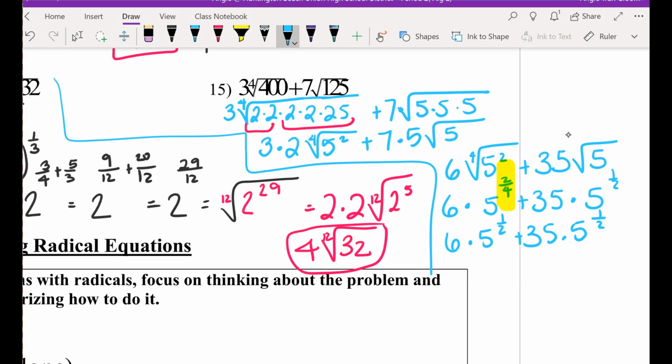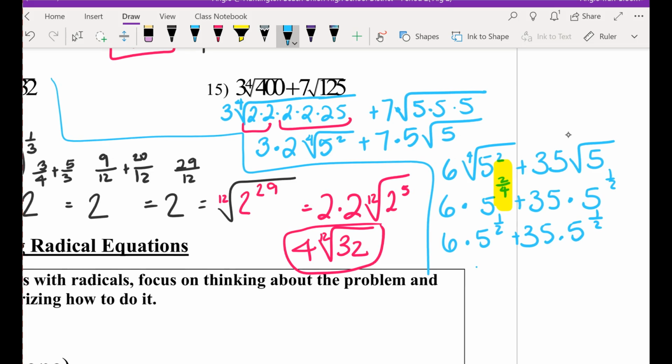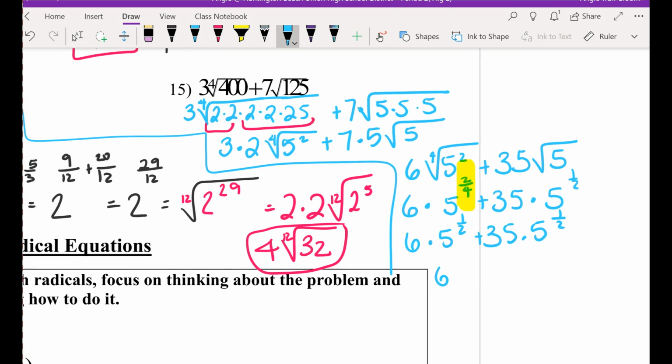Okay. Now what are you going to do? Write it back as what? I know, we'll keep going back and forth. Make up my mind. What are you going to do? Write it back as what? Radicals. 6 square root of what? 5 plus 35 square root of what?